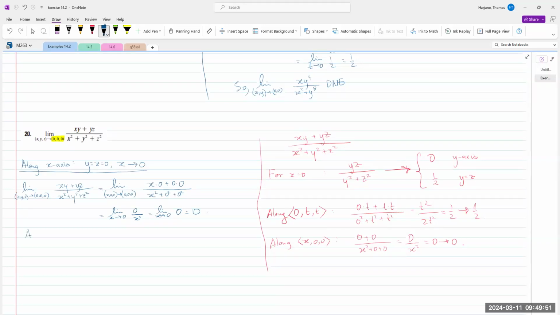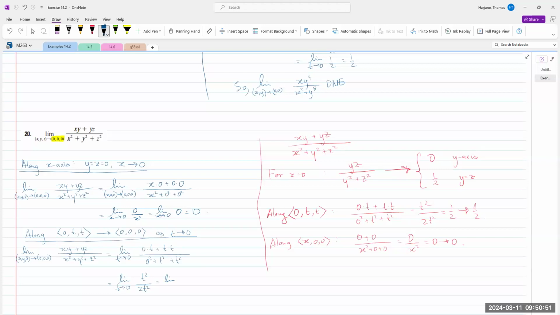But when we go along (0, t, t), which goes to (0, 0, 0) as t approaches 0, then the limit as (x, y, z) goes to (0, 0, 0) of (xy + yz) over (x squared + y squared + z squared) equals the limit as t goes to 0 of (0 times t plus t times t) over (0 squared plus t squared plus t squared), which equals the limit as t goes to 0 of t squared over 2t squared.